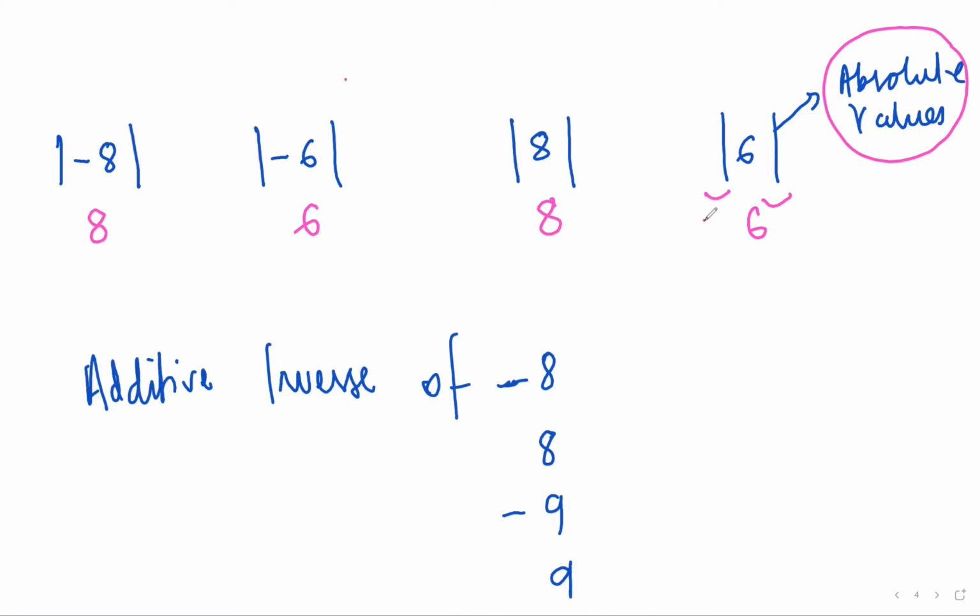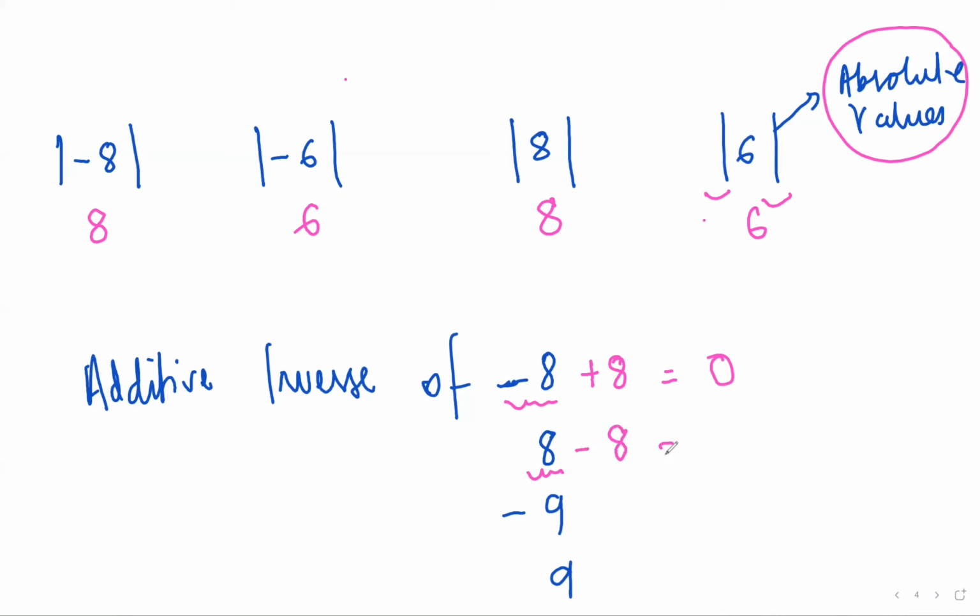Additive inverse. Additive inverse means what? Whenever we are adding two numbers, we should get the answer 0. So what is the additive inverse of -8? It is +8, and see, you got your answer 0, because minus plus action is minus. What is the additive inverse of positive 8?